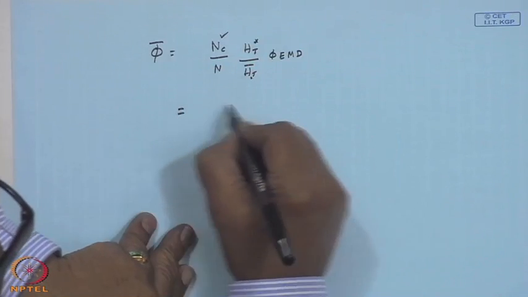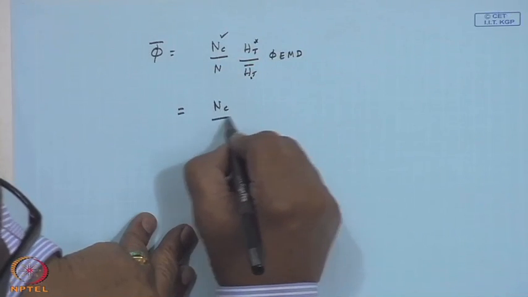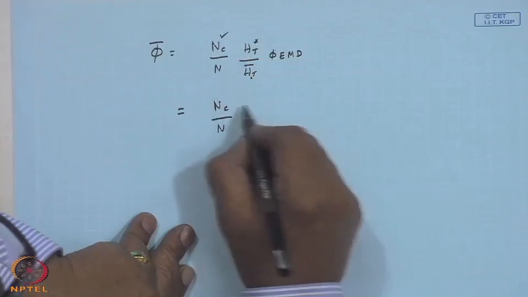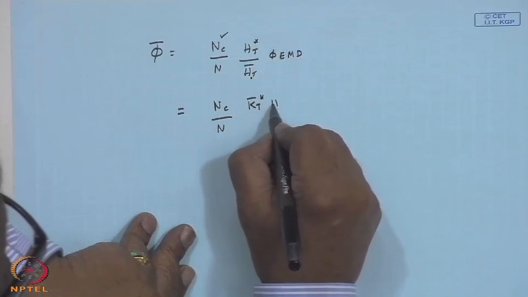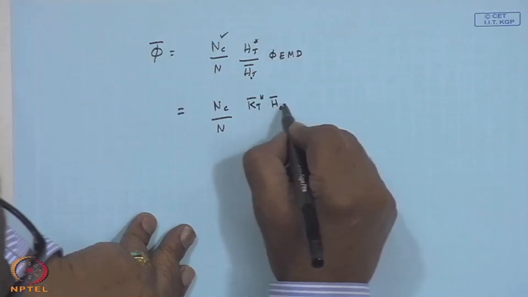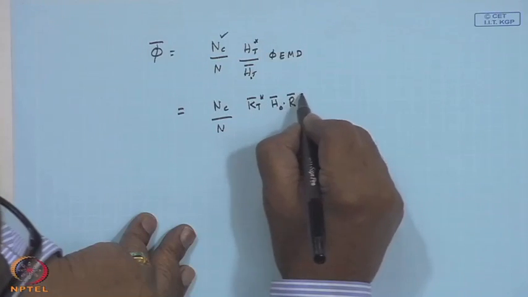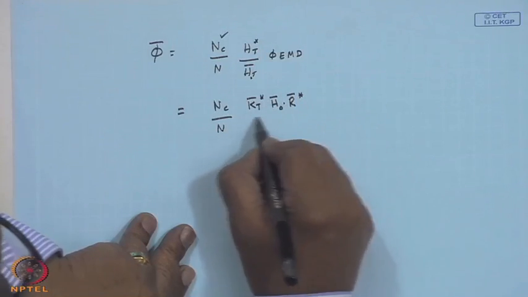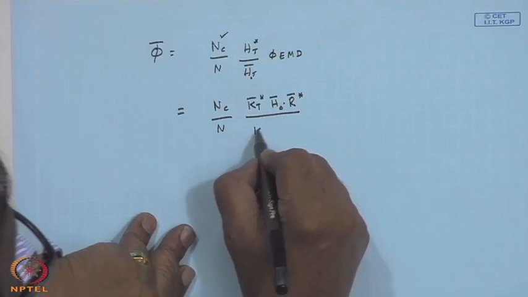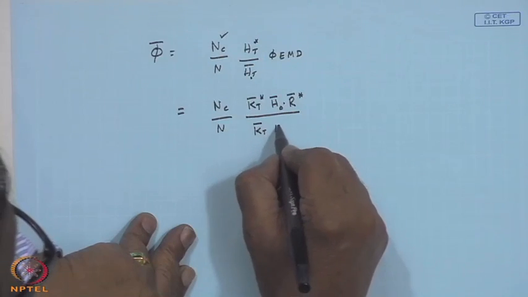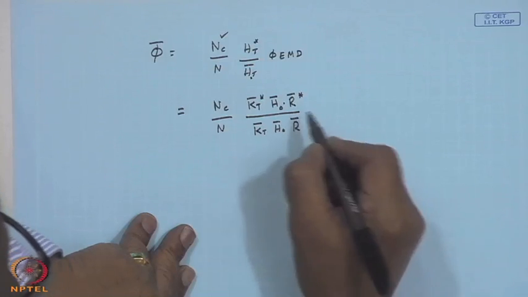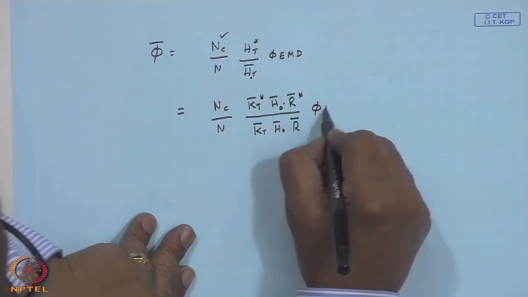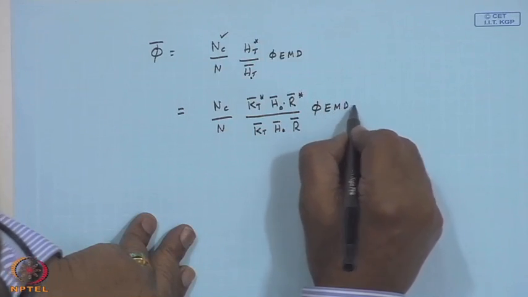So, this can be simplified further, NC by N times you have got KT bar star H0 bar into R bar star upon KT bar H0 bar, that remains the same more or less, times R bar times phi EMD.